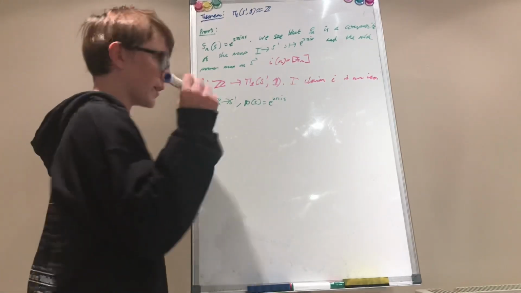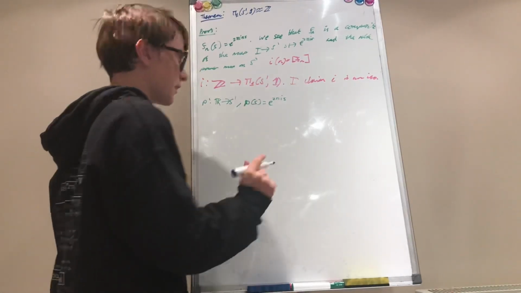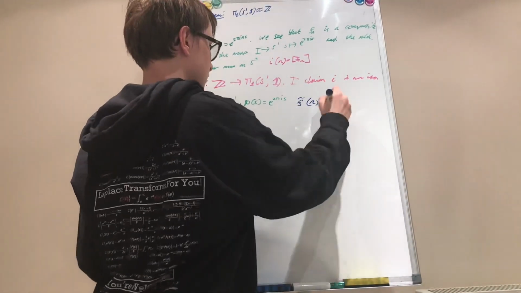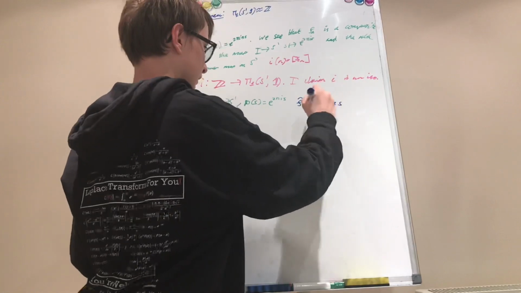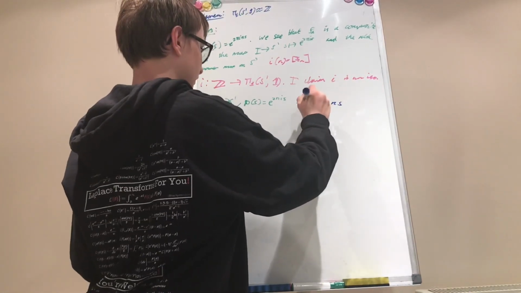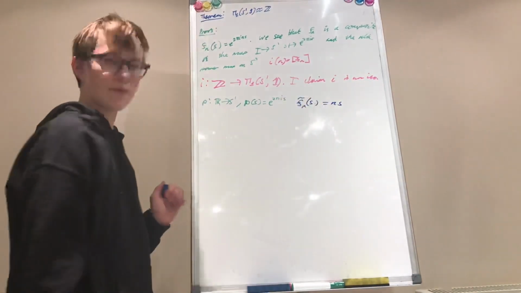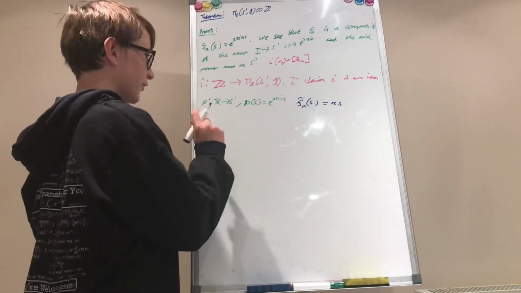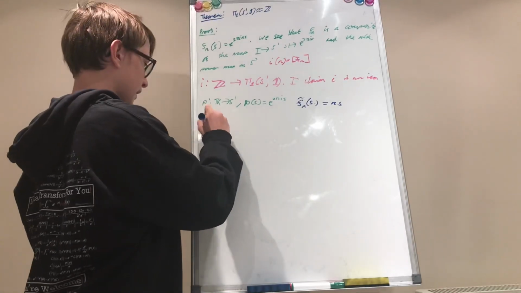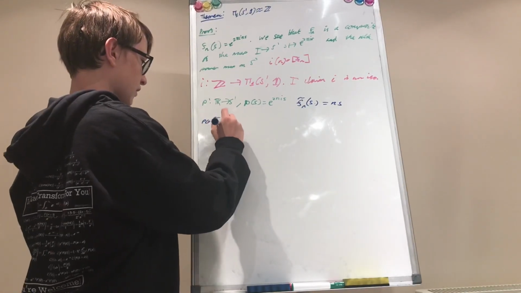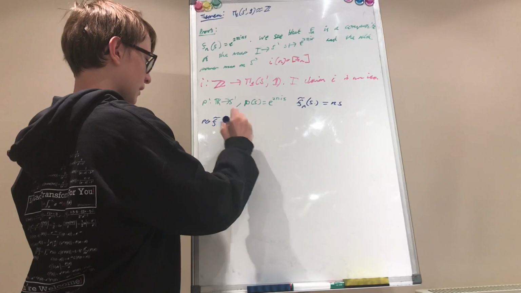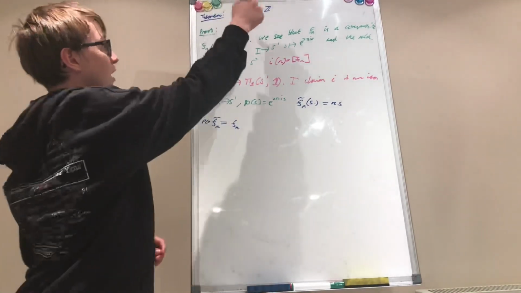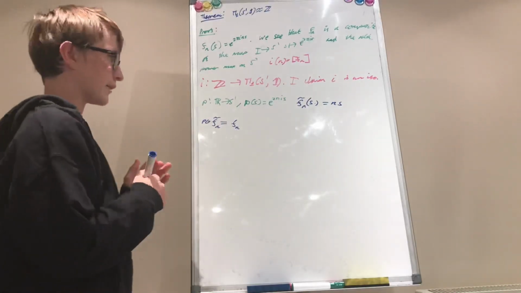Now, we define a lift. So we have a lift, f sub n tilde of s equal to n times s. And we observed that p composed with f tilde equals f sub n. So when we compose these two maps, we get our loop, and that's very easy to check.